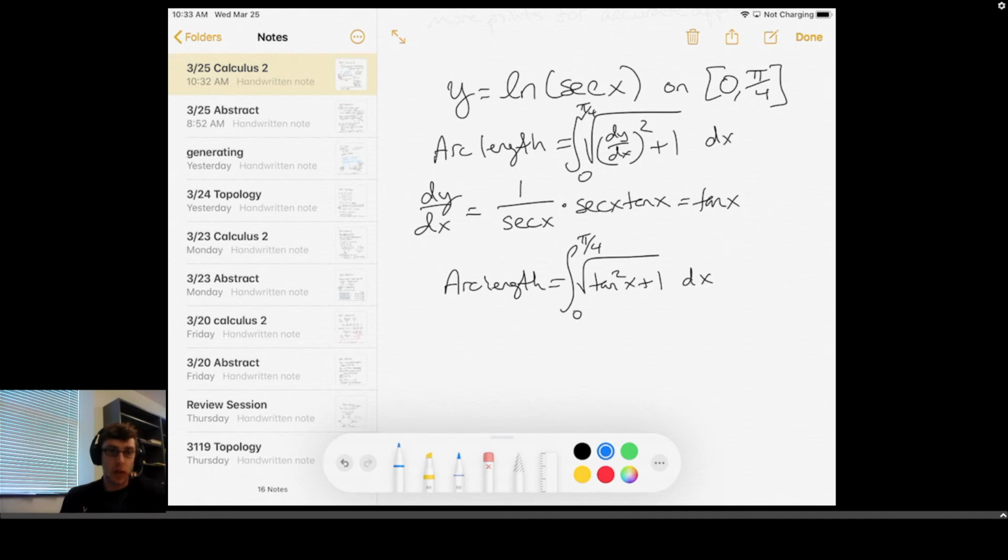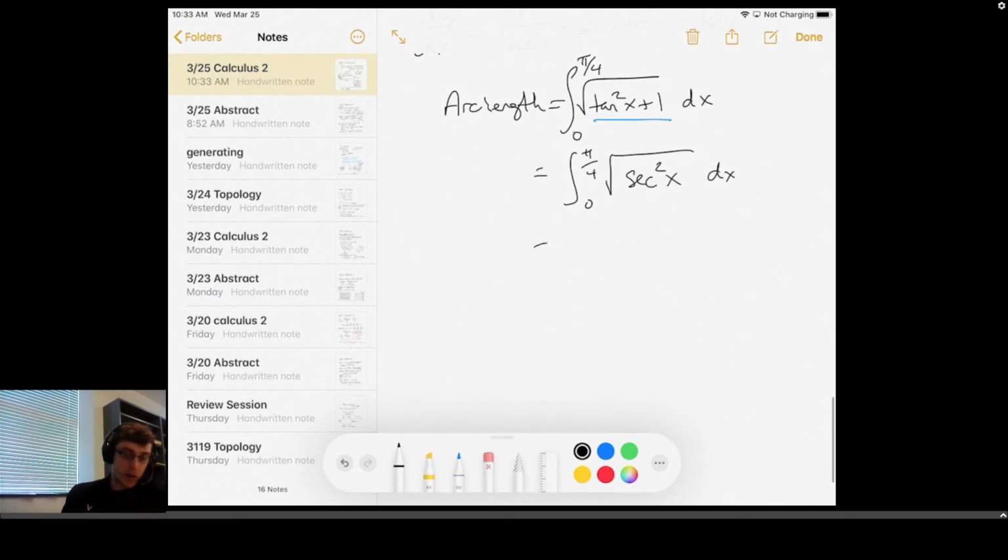Do we remember our trig identities for this? Yep, that's secant squared. The square root of a square is pretty easy, so now we've got secant.